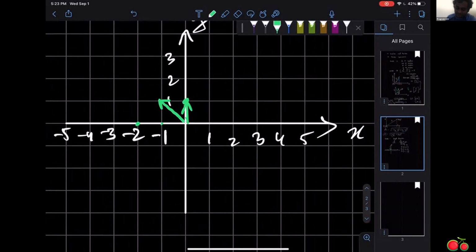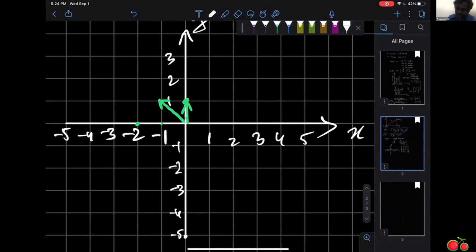Where's -5? So this is -1, -2, -3, -4, and then -5, right?